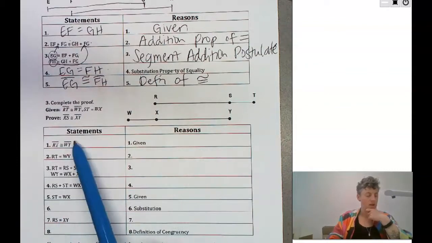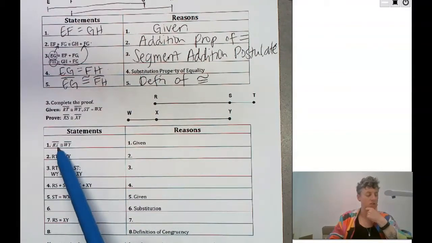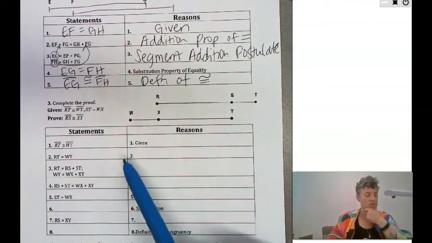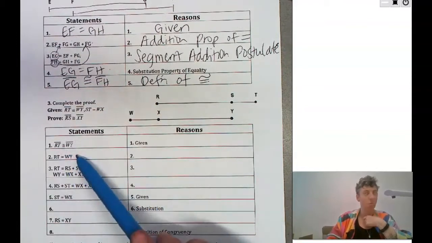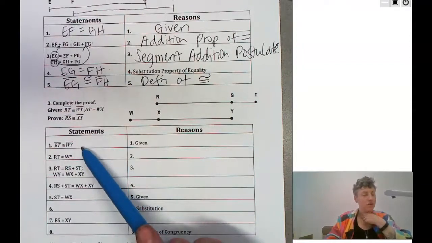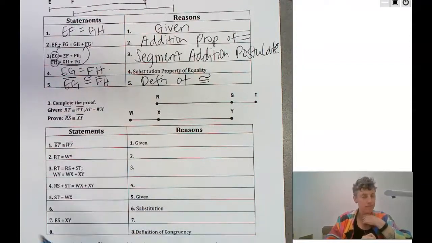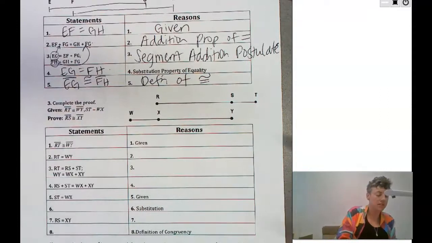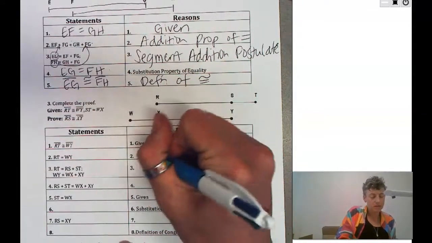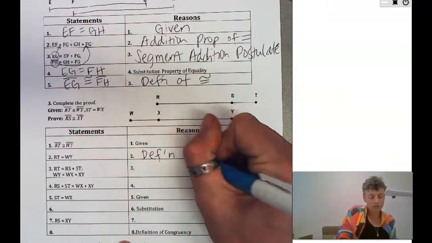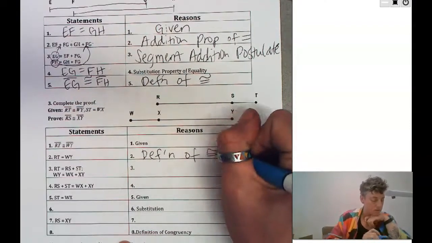Okay, so we're starting out with segment RT is congruent to segment WY. Why is it true that those segments are equal to each other if they're congruent? That's the definition of congruence again. Great.